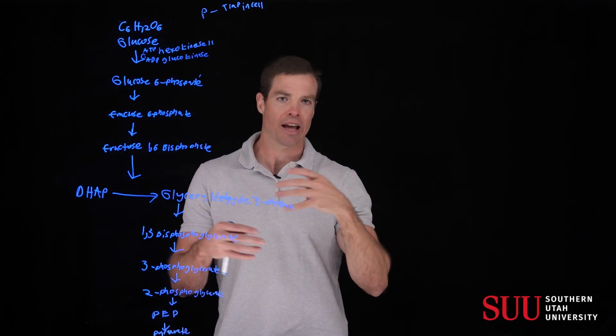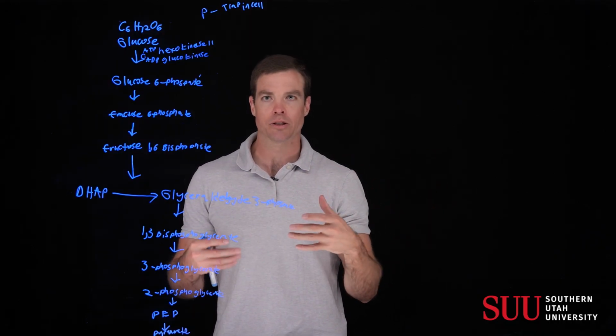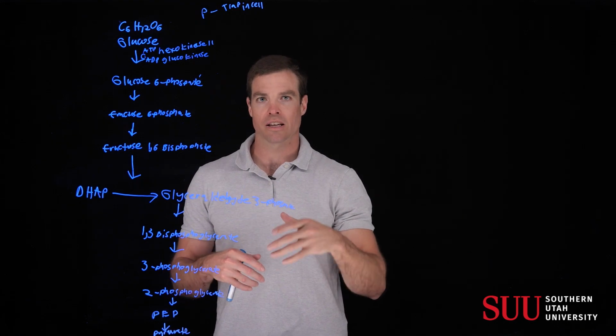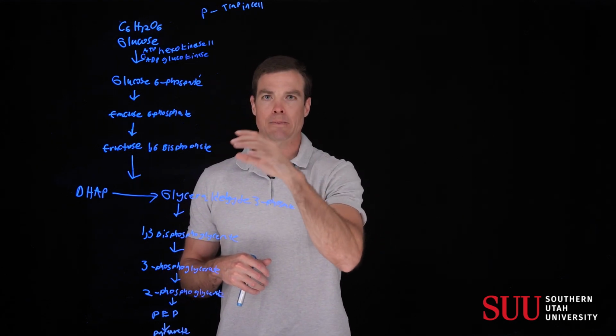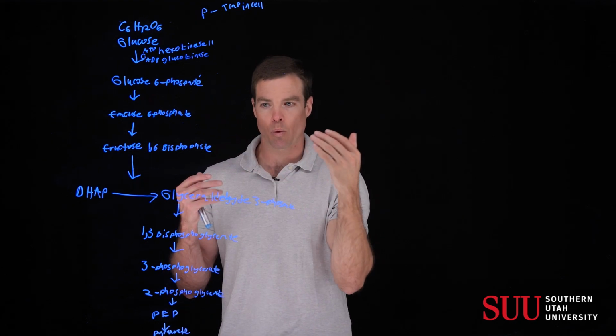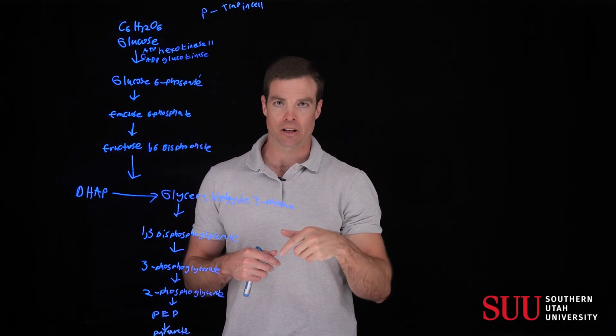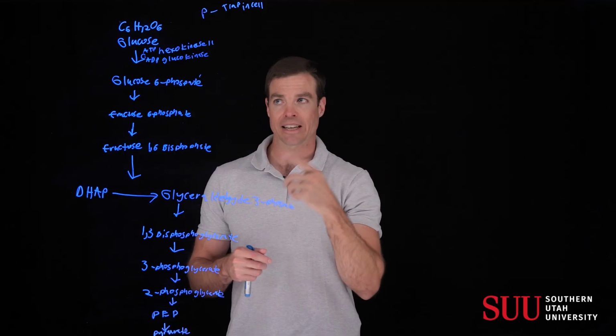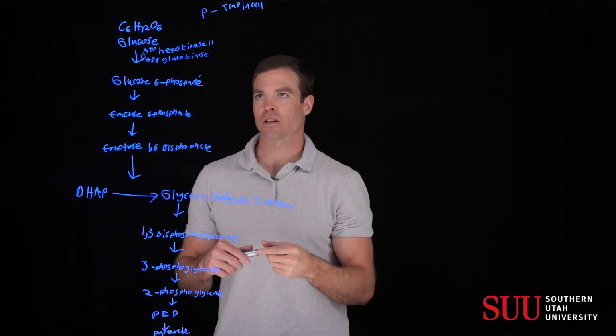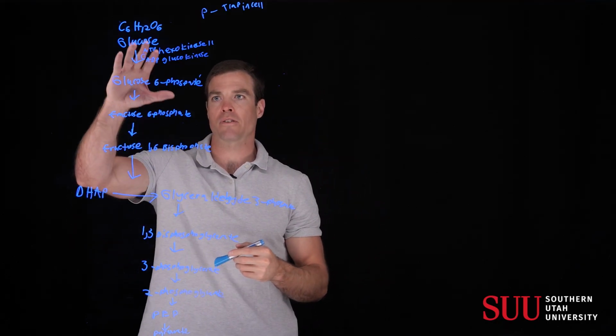And that way the cell doesn't have to expend any energy to keep that glucose in there. Okay, so that's one of the neat things about adding that phosphate in there. Once it's inside, it's trapped. It can't go back outside in the muscles. In the liver, there's another enzyme that can do that. We'll talk about those in a little bit. Okay, so this is our first step here.